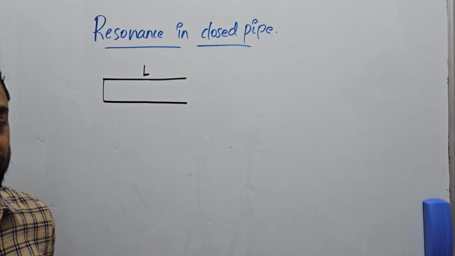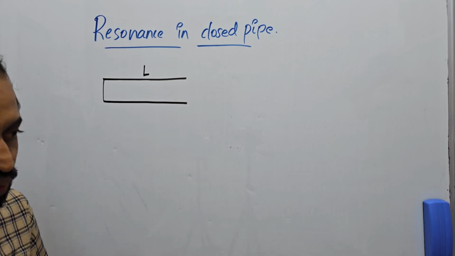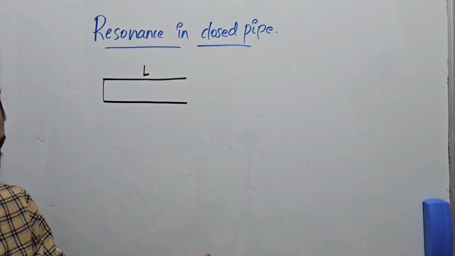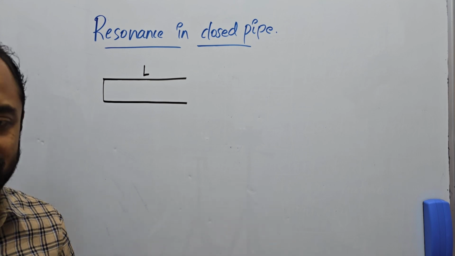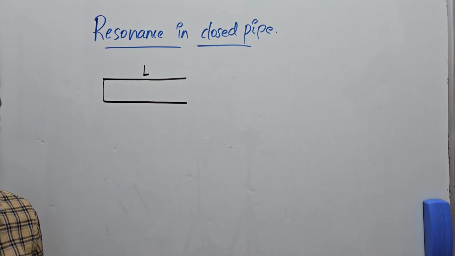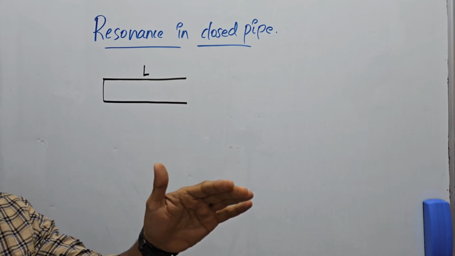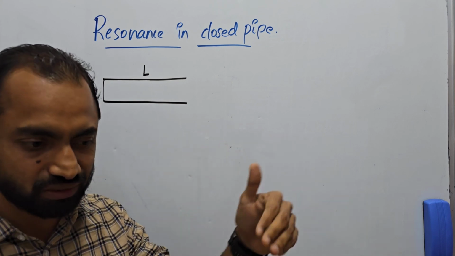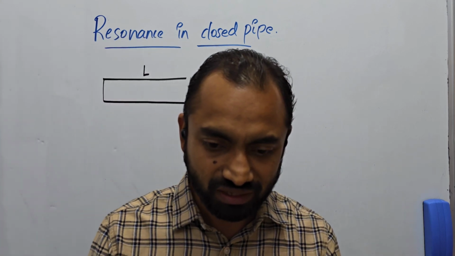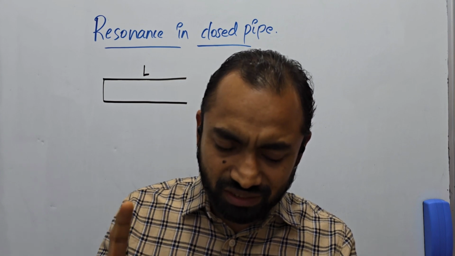Very good. When two waves meet, right? When two waves of the same amplitude and wavelength, or same frequency, there is one more condition for the production of a standing wave. What is that next condition?